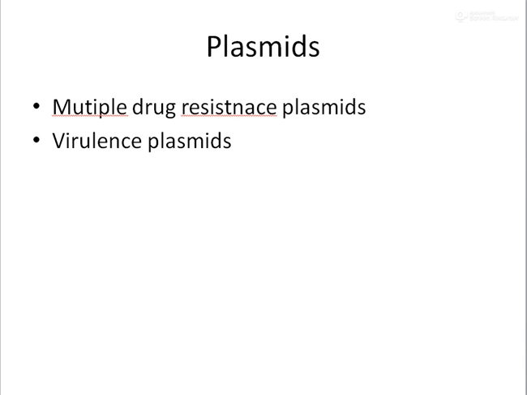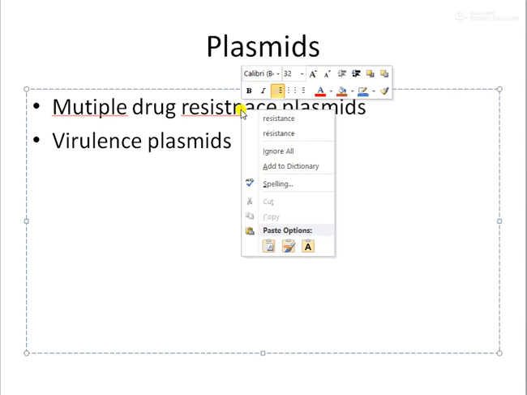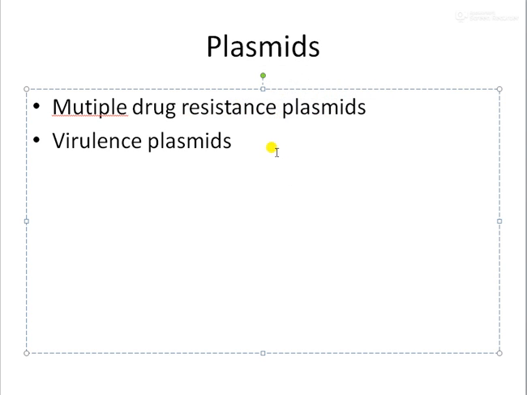If you move on, you can see that various plasmids play an important role in the virulence of the organism. As we had seen earlier, various virulence factors were coded by plasmids. Those plasmids which code for the virulence of the organism are referred to as virulence plasmids.